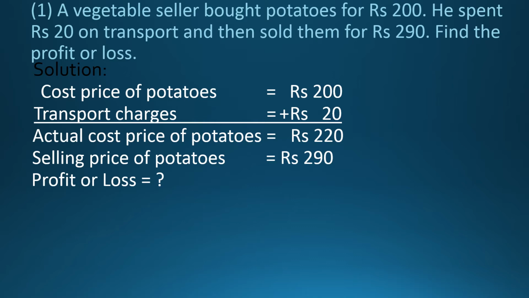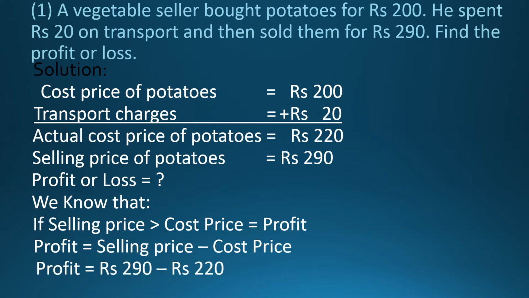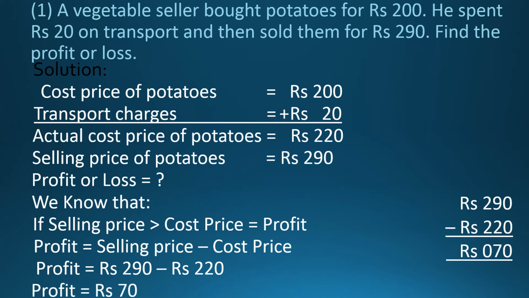Profit or loss we have to find out. Now tell me which one is greater, cost price or selling price? Yes, selling price. We know that if selling price is greater than cost price, we have a profit, and profit is equal to selling price minus cost price. Now put the value. Rupees 290 minus rupees 220. Now do the subtraction. We get rupees 70. So profit is equal to rupees 70.